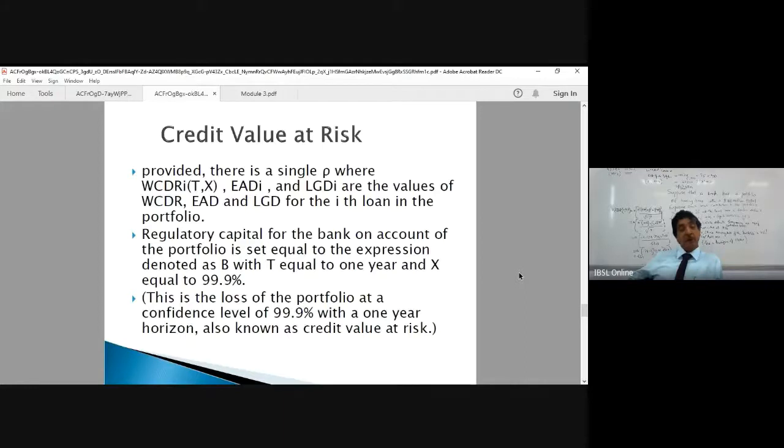We have calculated the value at risk. Value at risk means the highest loss we can make. But within that, you have the expected loss. If you just deduct the expected loss from the total value, you will remain with unexpected loss. So that is how the unexpected loss is calculated. So I think I can add that part to the question.